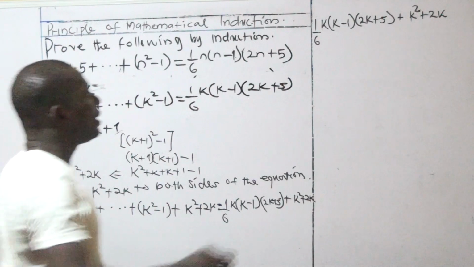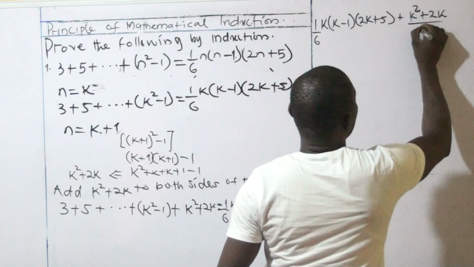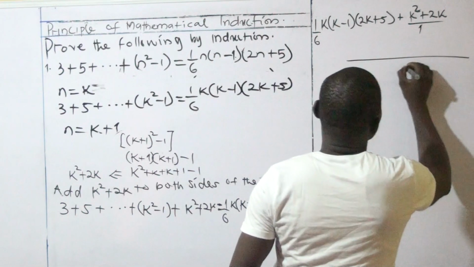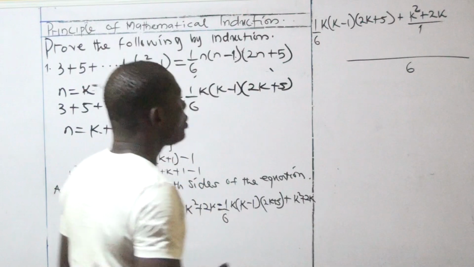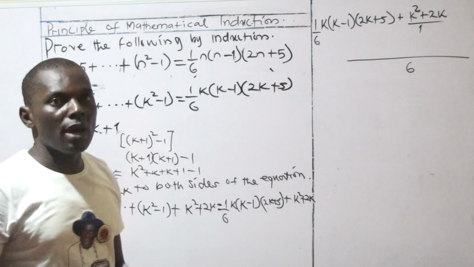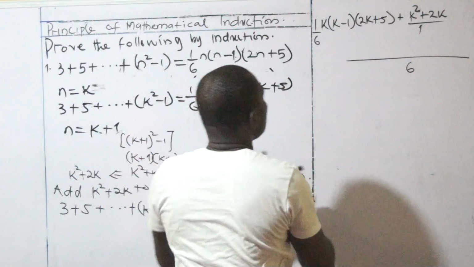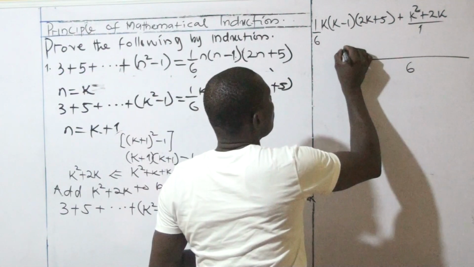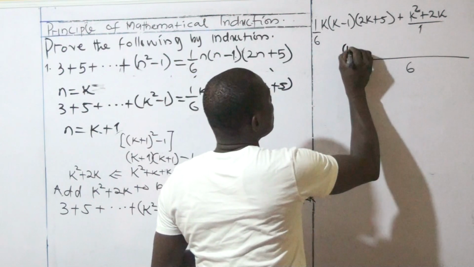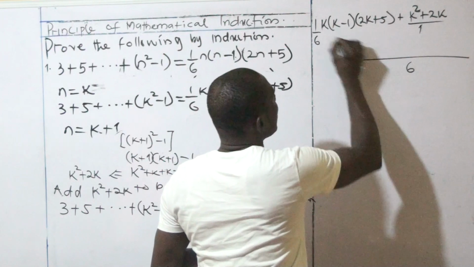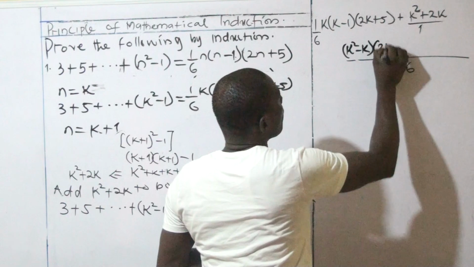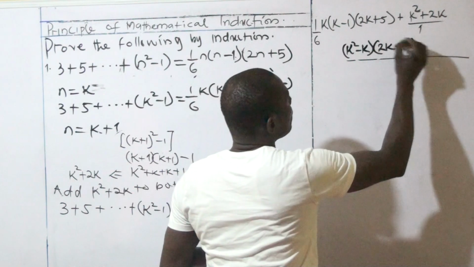This is over 1, so the LCM of the fractions is 6. 6 divided by 6 is 1. 1 times the whole of this becomes k squared minus k, here we have 2k plus 5.